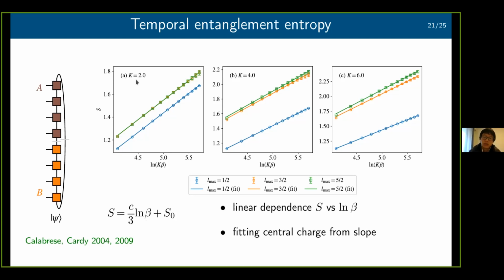And here we perform our calculation for different coupling constants, and also for different largest angular momenta in our simulation. Now we can see that there is also a very good linear dependence between the entanglement entropy and log beta.